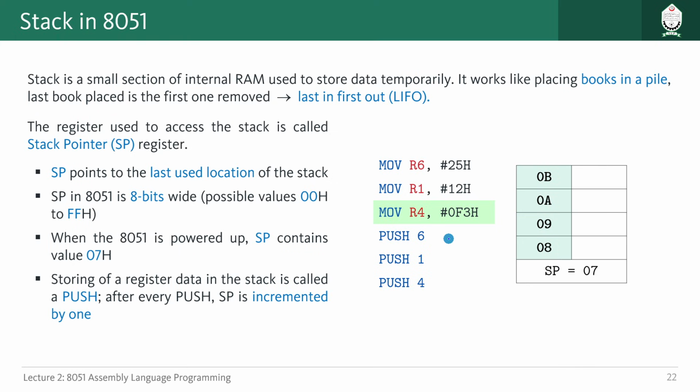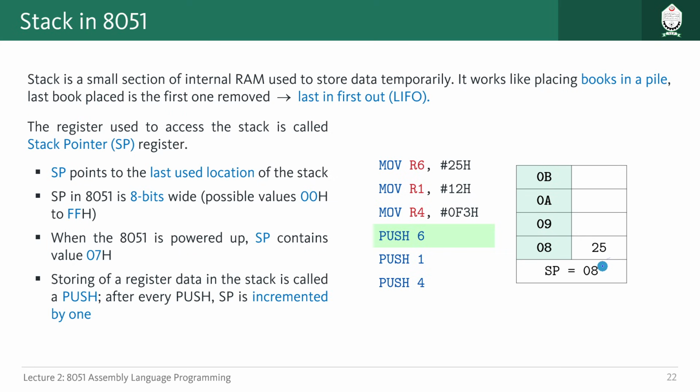When we go to the next line, we have pushed the value we have inside R6 onto the stack. As a result, you can see that the 08H location now has the value 25, because this was the value inside R6.